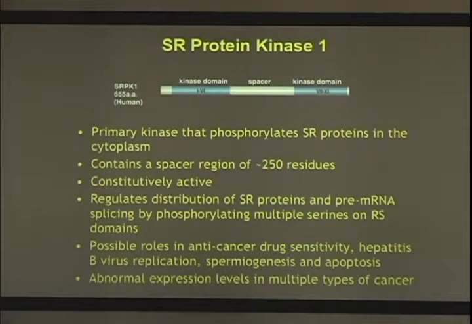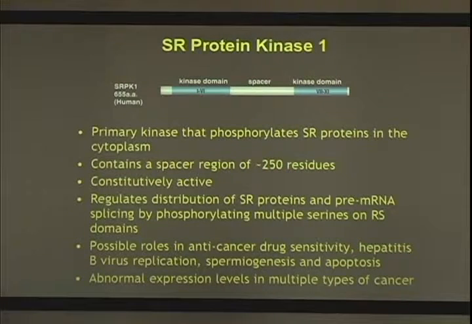This is the family of SR protein kinases, SRPK1 in particular, which is well characterized. What are its characteristics? Its primary characteristic is a really long segment that bifurcates the two kinase domains. The spacer domain is around 250 amino acids, really long.